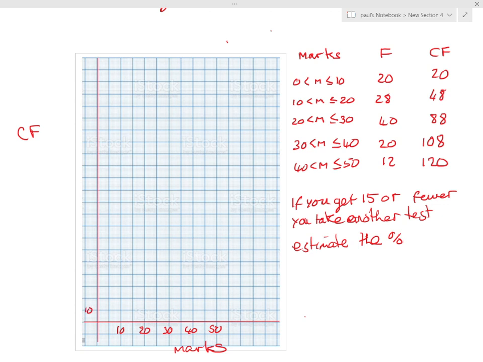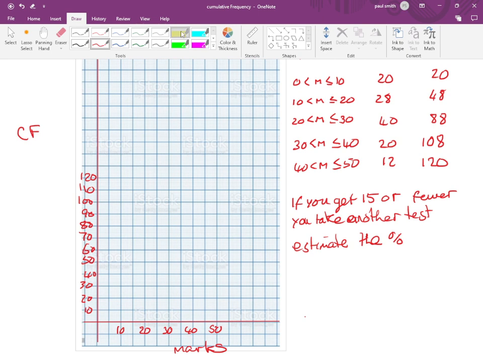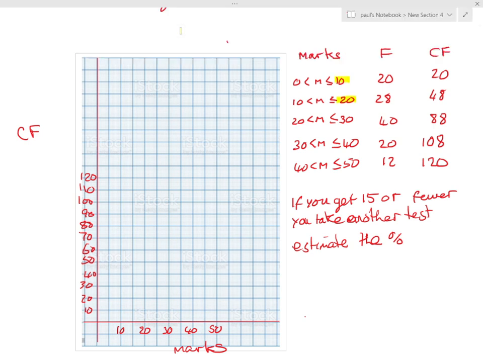So I go 10, 20, 30, 40, 50, 60, 70, 80, 90, 100, 110 and 120. Okay, now let's draw the graph, remembering that these are the numbers we use for our coordinates.